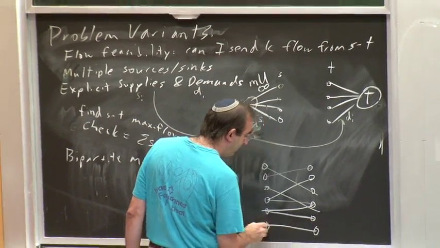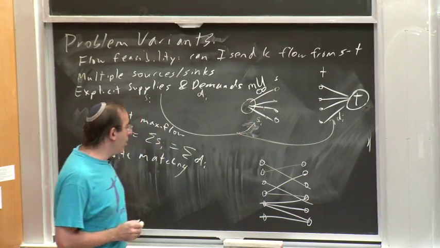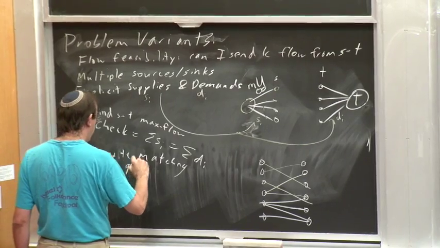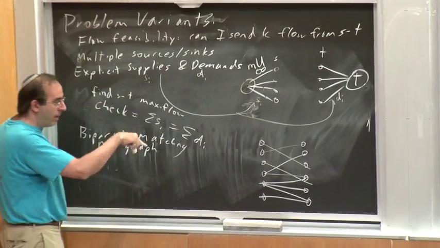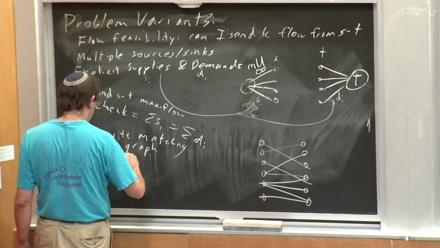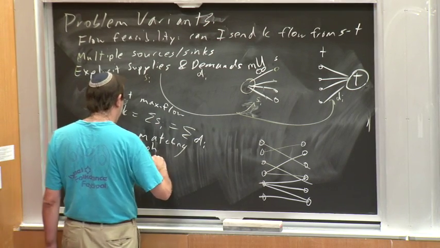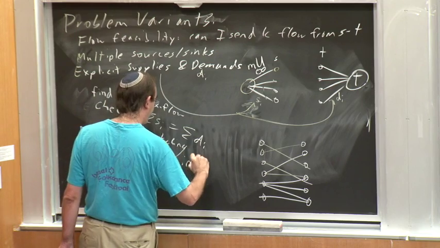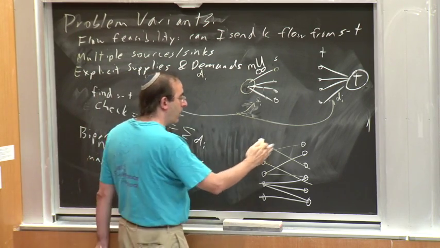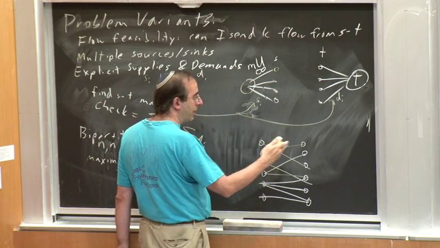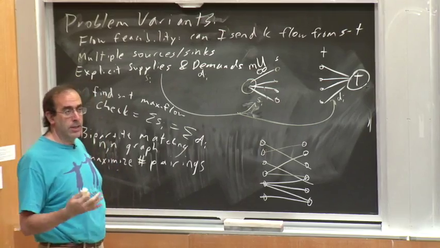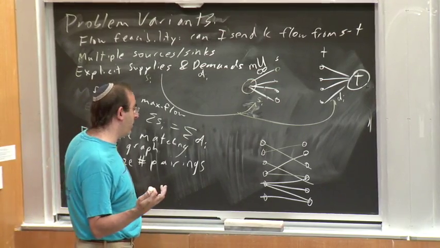Okay. And your goal, if you have this graph where you have n vertices on each side, is to maximize the number of pairings in this graph. You want to pair up each thing on the left with something on the right and vice versa, so that each is only paired with a single one, because taking 3 people on a first date is always very unpleasant.